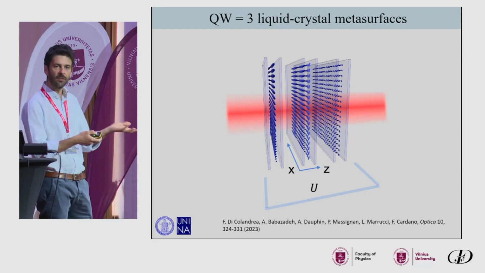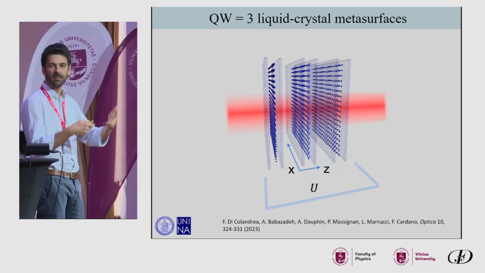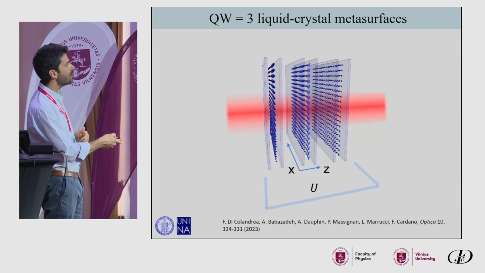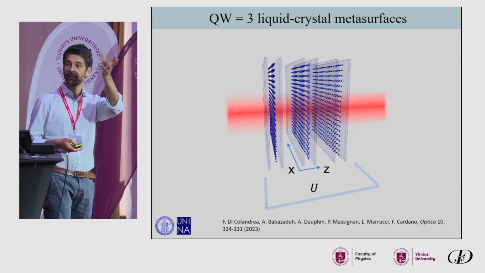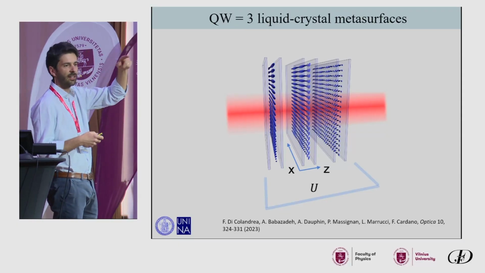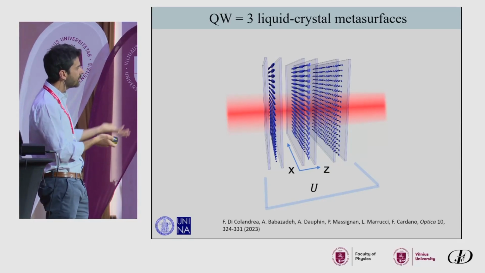But if this translation invariance holds, which is typical in many tight binding Hamiltonians, for instance, you can squeeze the transformation into just 3 plates. Of course, the pattern you will have on these plates is much, much more complex than the standard linear grating we showed earlier. But it's possible.